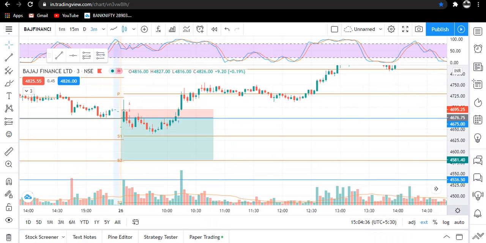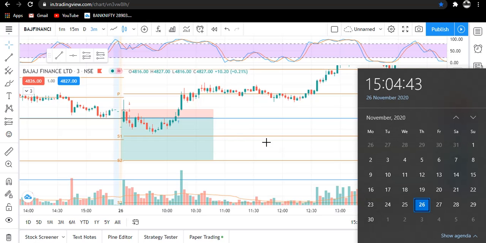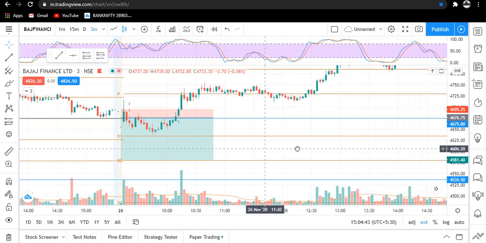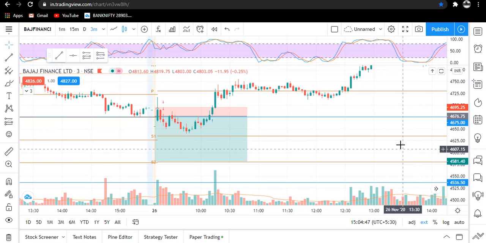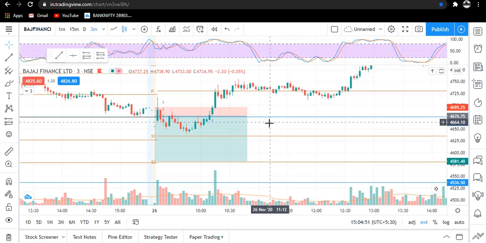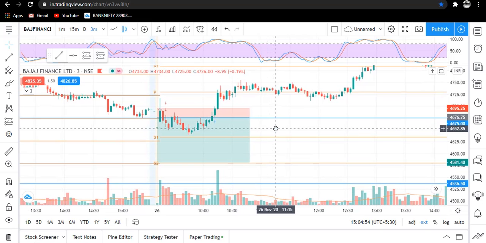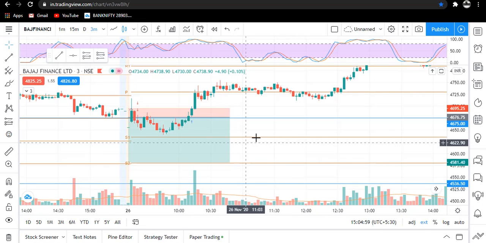So traders, now it's 3:04 PM, you can see here, and in our Bajaj Finance trade our stop loss got hit. You can see we trailed our stop loss at the correct position. If we were not trailing our stop loss, we would have taken more loss.